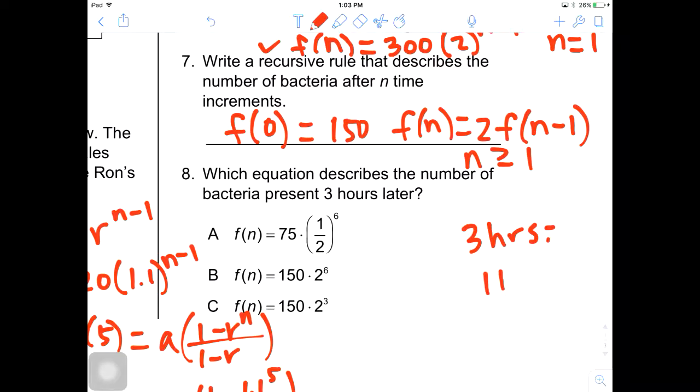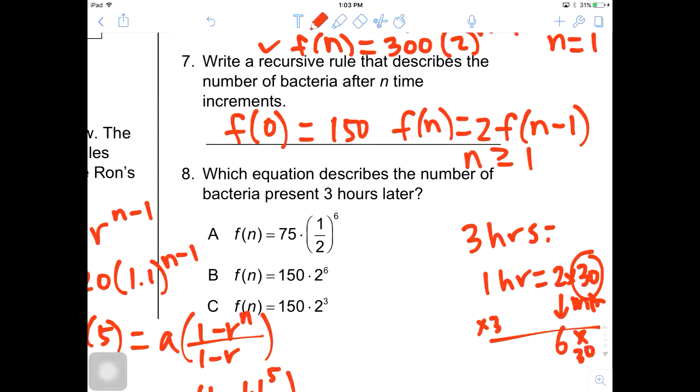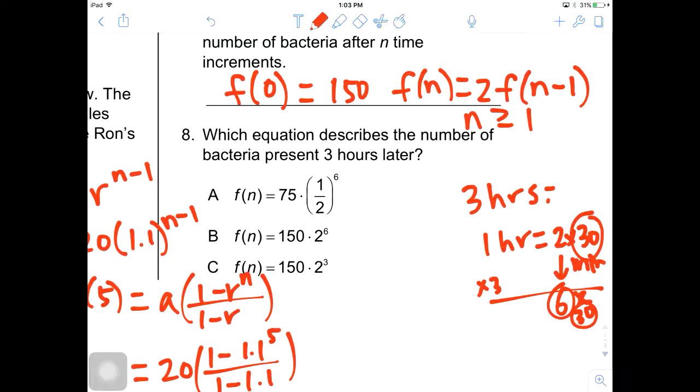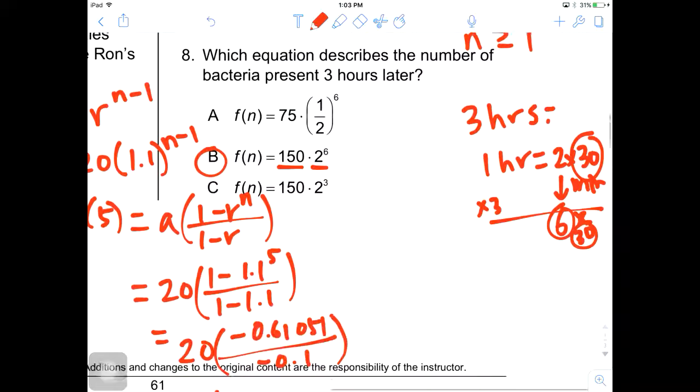So 1 hour equals 2 30-minute blocks, right? So 3 hours later, that's going to be 2 times 3, which is 6 blocks of 30 minutes. So hopefully that makes sense. So that's why the power should be 6. So the answer for number 8 should be B, f of n equals 150 times 2 to the 6.